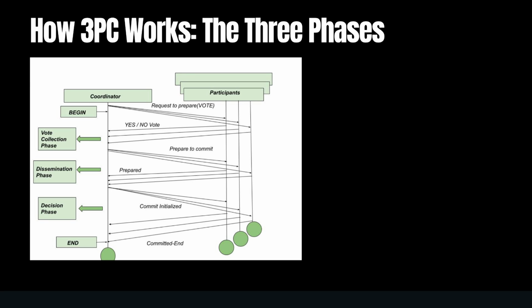Similar to 2PC, the coordinator will ask all participants if they can commit the transaction. Number 2, the participants will respond. Each participant will perform local checks and log changes, then respond yes or no. If any participant responds no or times out, the coordinator will abort the transaction and send an abort message to all.